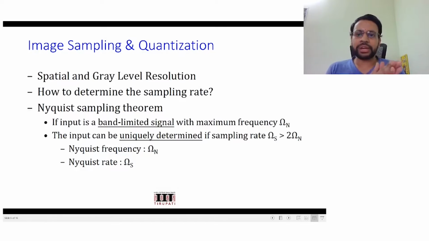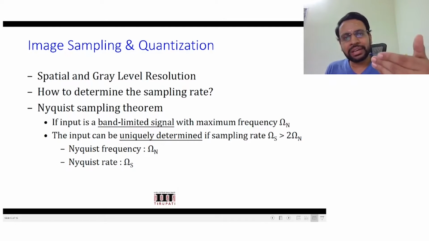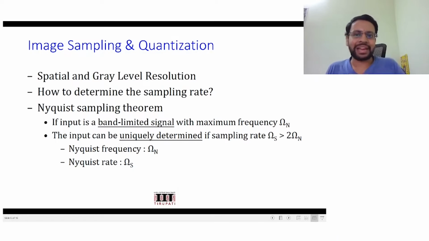The same thing we are talking about here, spatial and gray level resolution. Another way of saying it is you are discretizing spatially, or sampling spatially. That is what dictates the spatial resolution you get here, and gray level resolution is the quantization you are doing in terms of the intensity values.